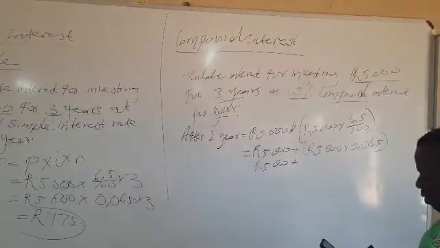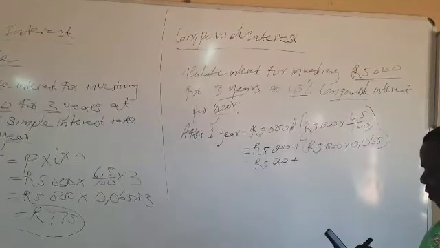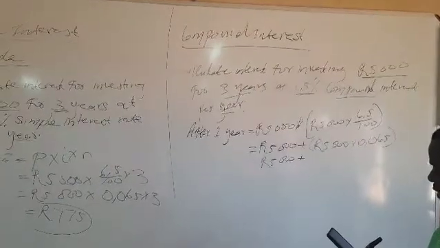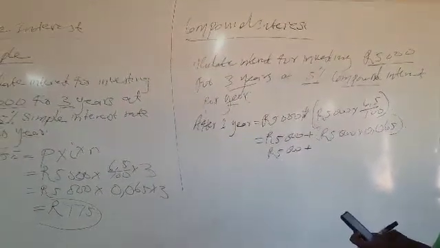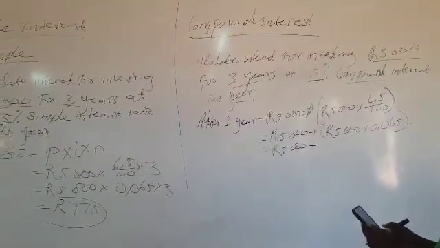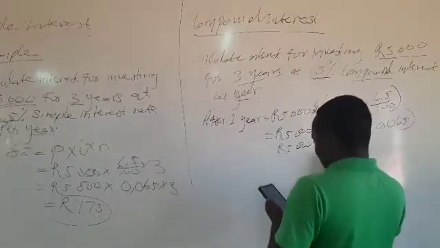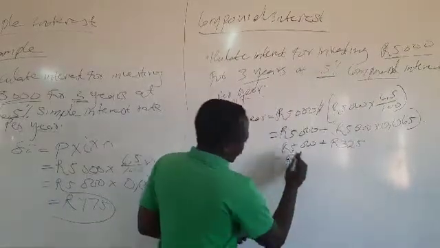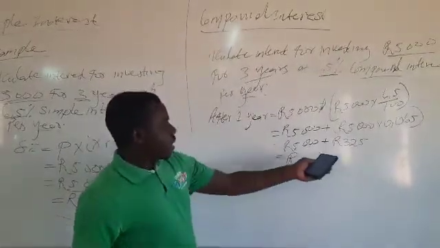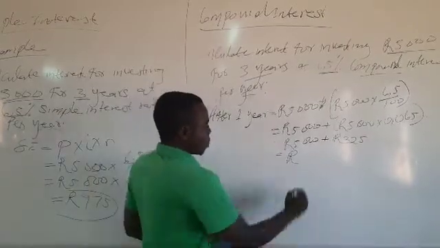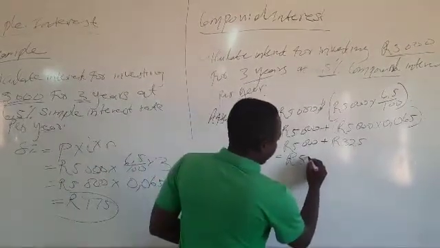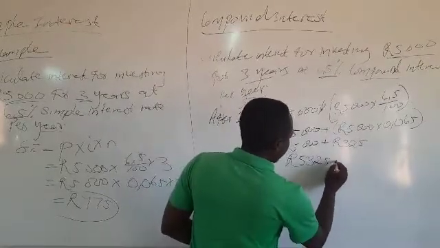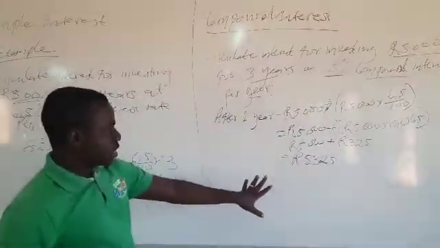We do it in our calculator, and it's going to be 325 rands, which is equal to 5,000 plus 325, which is 5,325. Here we don't have interest.